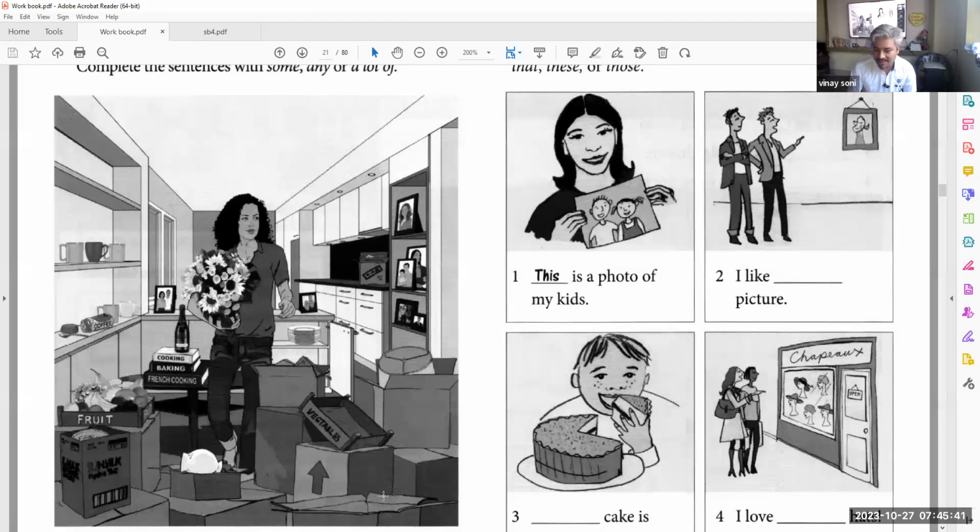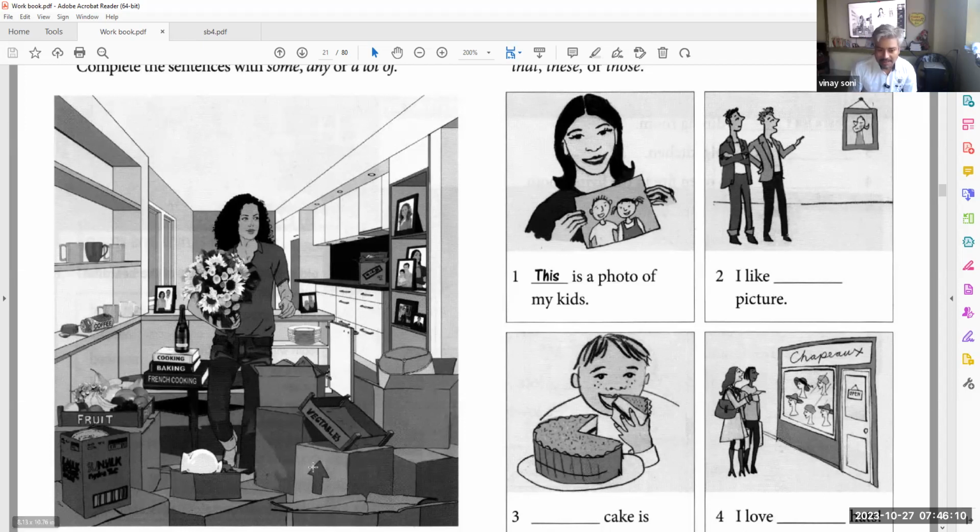It means perhaps she has just come to live in this house. It's a new house for Deborah, maybe. New kitchen. She has to put her things in the kitchen. When you move houses, when you go to live in a new house, then you take your stuff with you.